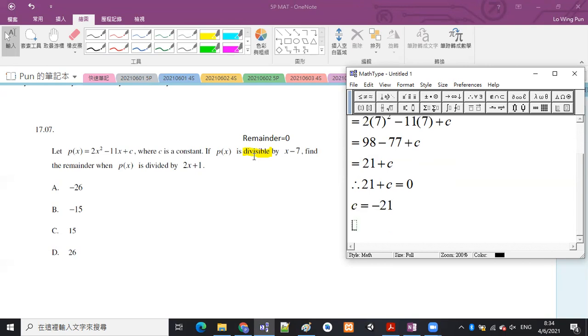When it is divided by 2x plus 1, the remainder should be equal to P of a number. What number should we substitute this time? When it is divided by 2x plus 1, how can we know what to put into the bracket this time? Yes, good. Negative 1 over 2.